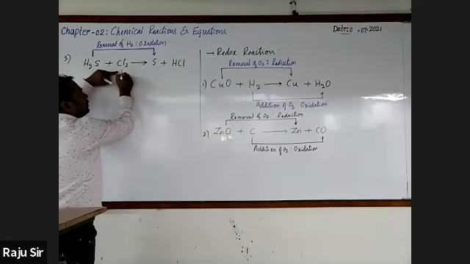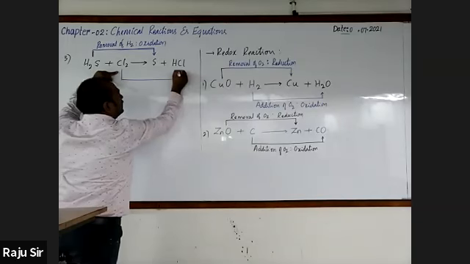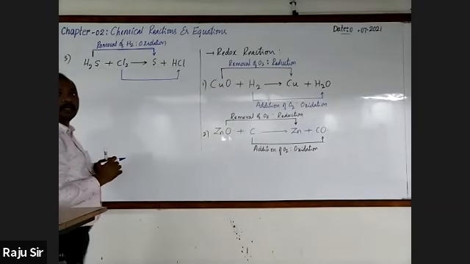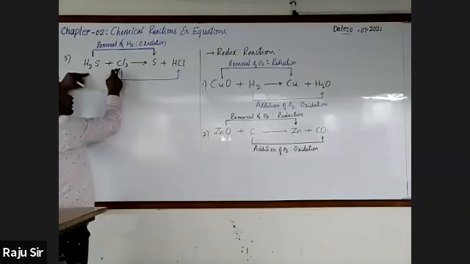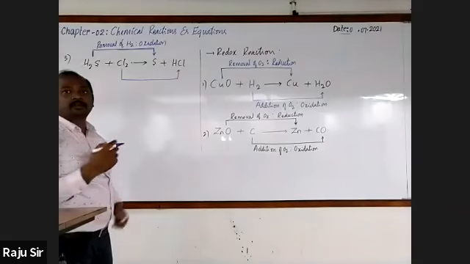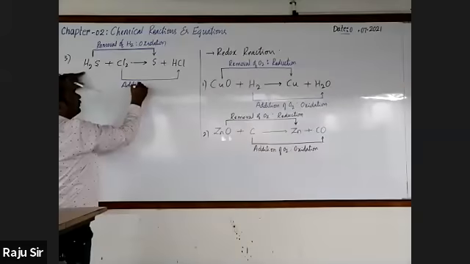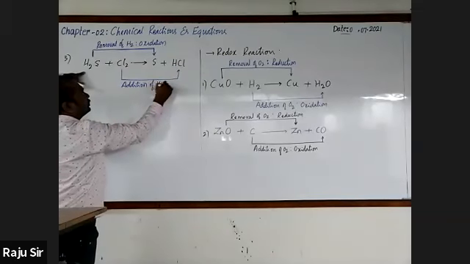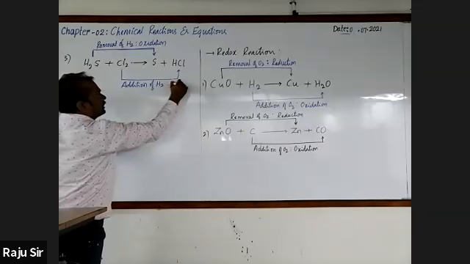So then, after gaining the hydrogen, this chlorine becomes hydrogen chloride. So this addition of hydrogen to a substance is called reduction. Addition of hydrogen, it is reduction.